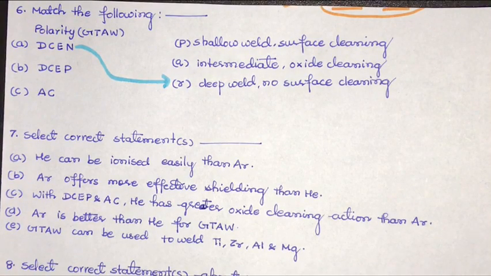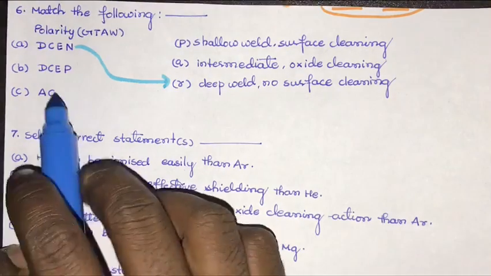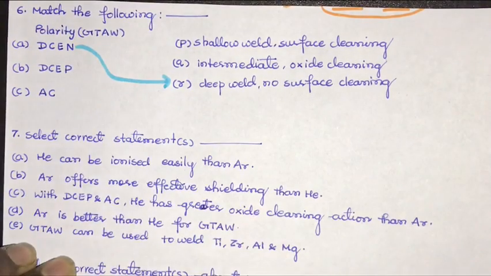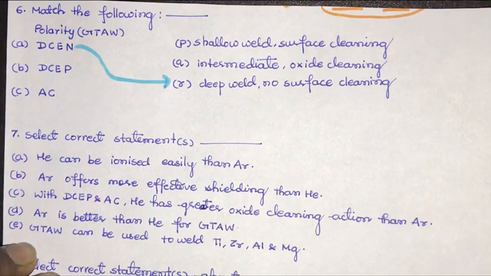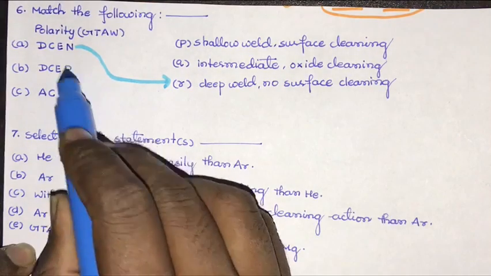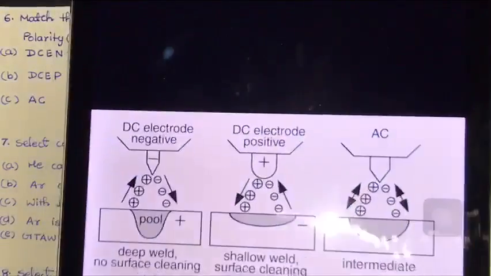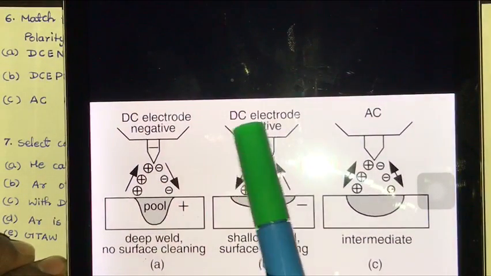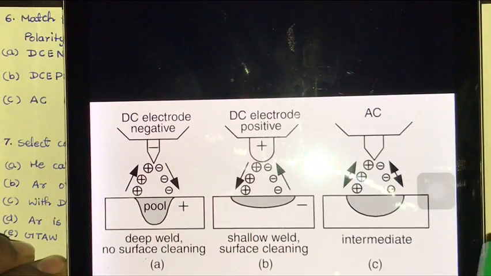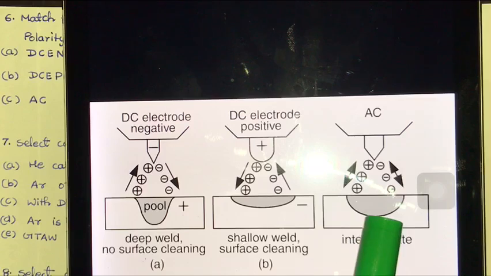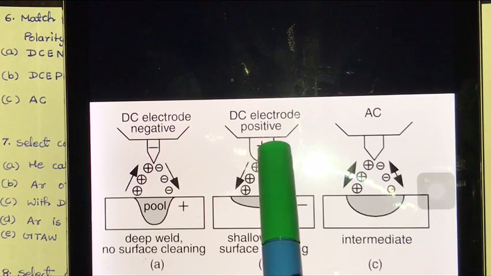Now coming to the next, let's see here. This is DCEP, that is the direct current electrode positive, and this is called a reverse polarity. Okay, so let's see here in the figure. This is the direct current electrode positive, and in that case the electrode is connected to the positive terminal of the power source.